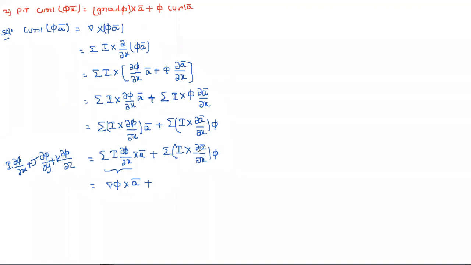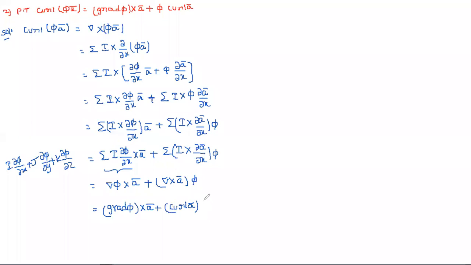Is the second term in the form of the definition of curl or not? See here, i cross dou by dou x is nothing but the curl, or simply we can write del cross a bar, into phi. So this equals del phi, in symbolic notation, and in word notation grad phi, cross a bar plus curl a bar into phi.